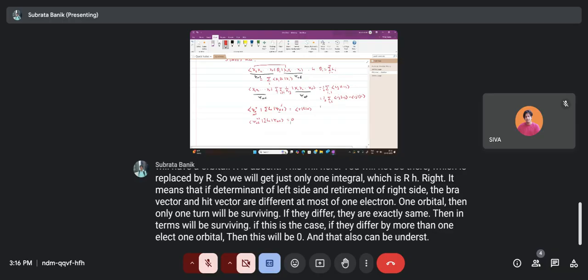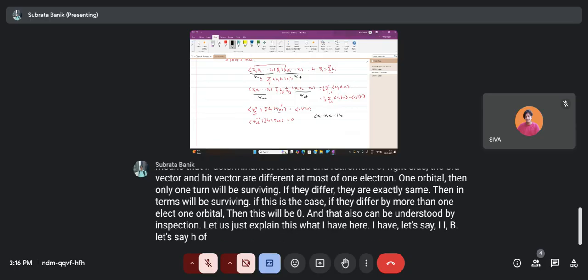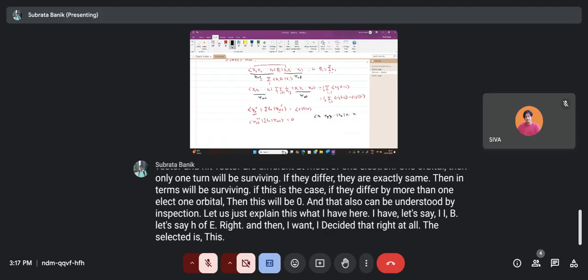And that also can be understood by inspection. Let us just explain this. What I have here, let's say, chi_A, chi_B, H of A, and then chi_R, chi_S, chi_A, chi_B.